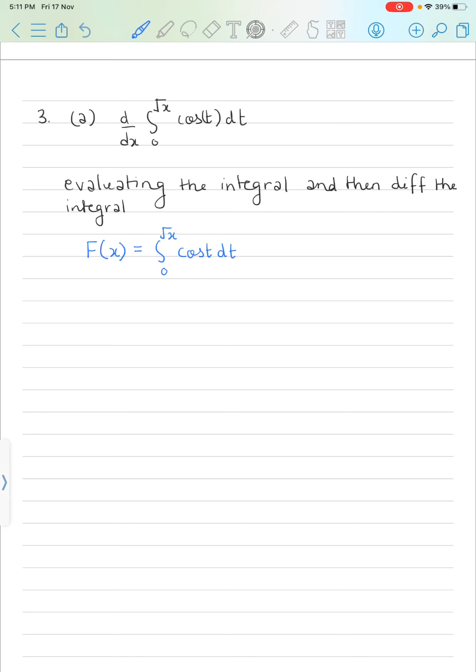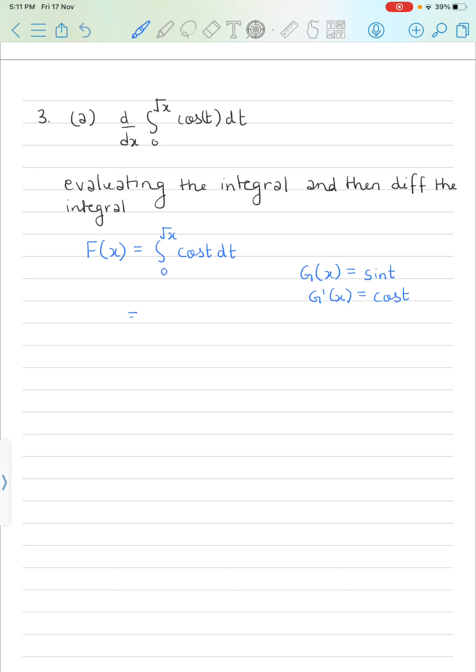Take g of x to be sin t, then g dash x is equal to cos t.